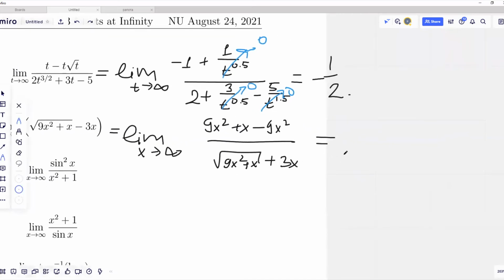All right, so then we'll end up with limit as x goes to infinity of x over root of 9x squared plus x plus 3x.